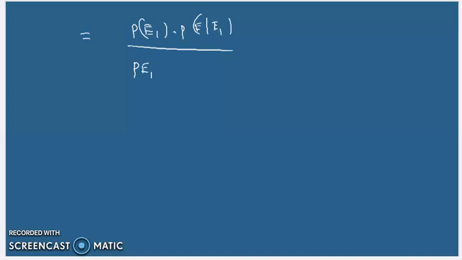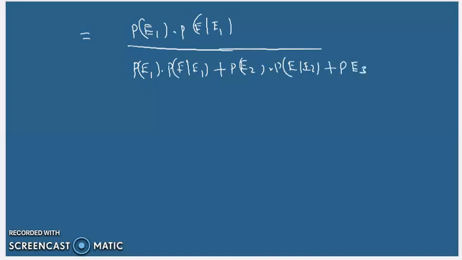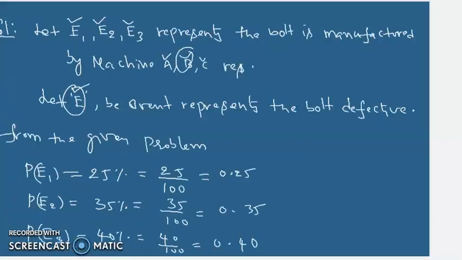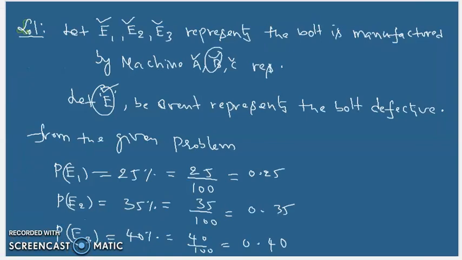We can expand the summation from i equals to 1 to 3: P of E1 into P of E by E1 plus P of E2 into P of E by E2 plus P of E3 into P of E by E3. These all values are known from the above. So P of E1 value, what is P of E1? Yes, 0.25.